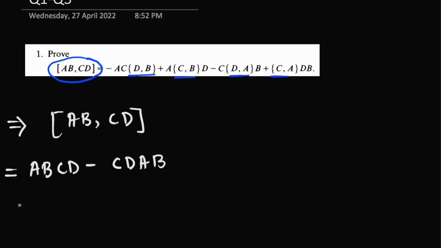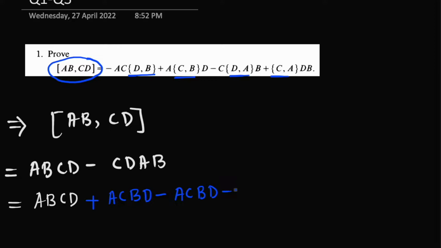Now here we will add some other terms and subsequently subtract those terms. Let us do that. ABCD. Let us add the term ACBD, then subtract this term ACBD.